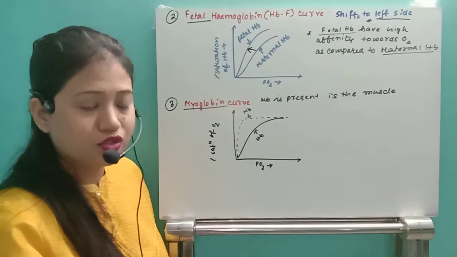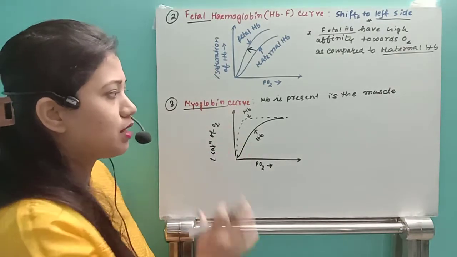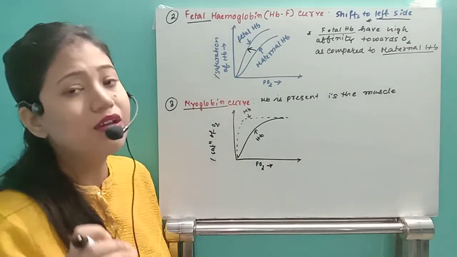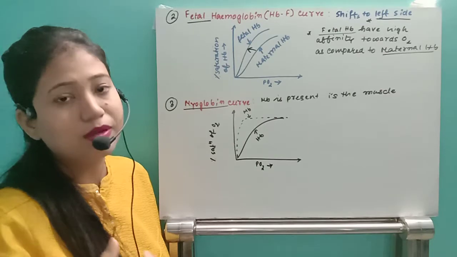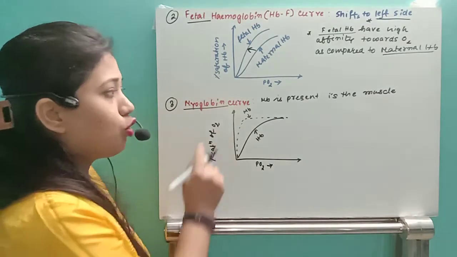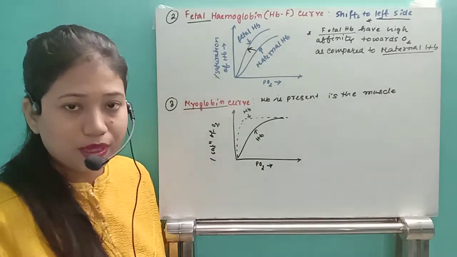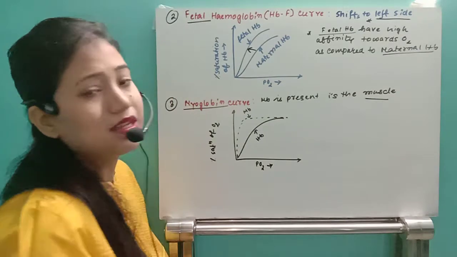Hemoglobin and myoglobin are both pigments. Hemoglobin is the respiratory pigment present in the other parts of the body, and myoglobin is also a respiratory pigment, but it is specifically present in one region. Where is that? This is muscle.